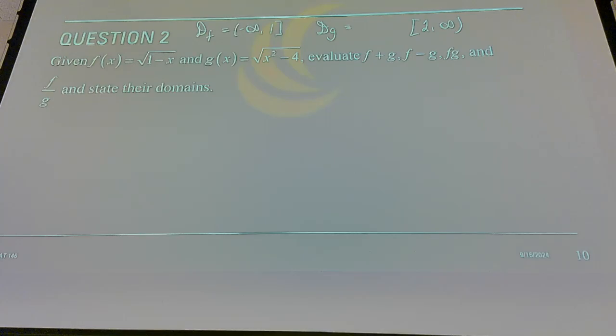You can also do negative infinity to negative 2. 2 to infinity is only half of it. Yeah, it's everything except what's between -2 and +2.